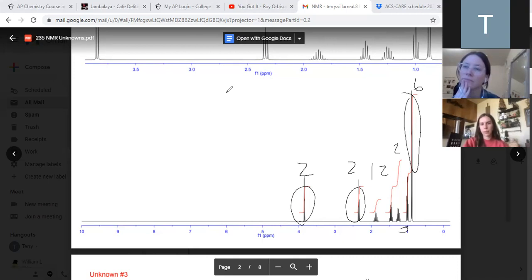And remember, if you have a degree of unsaturation of 4 or more, what should be your first thought? Benzene ring, right? So you just figure out, do I have a double bond, whatever, so just figure that out first. The next thing is we want to figure out our relative integrations if they are not given to us, which is what we just did, right? Yeah. Okay.